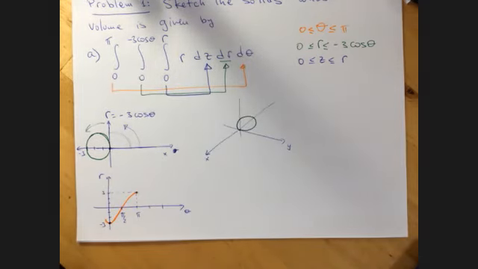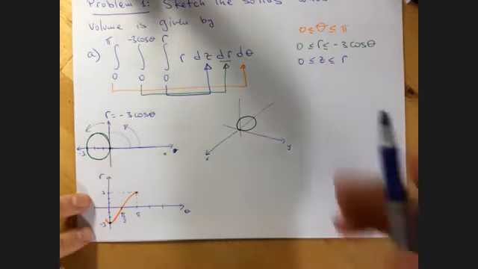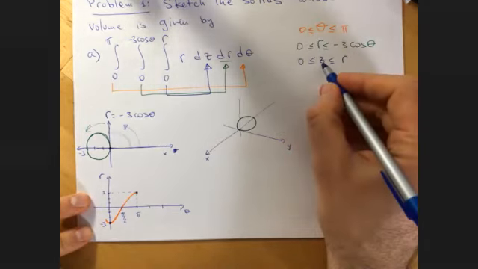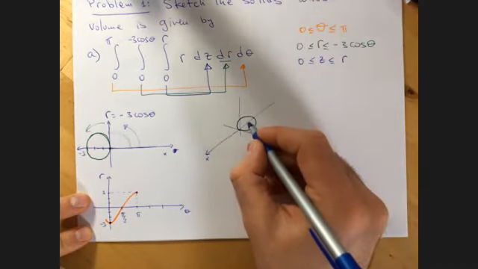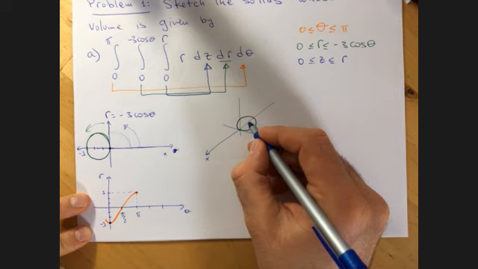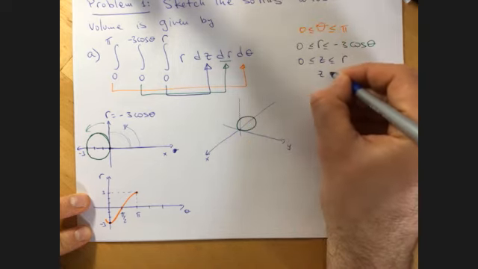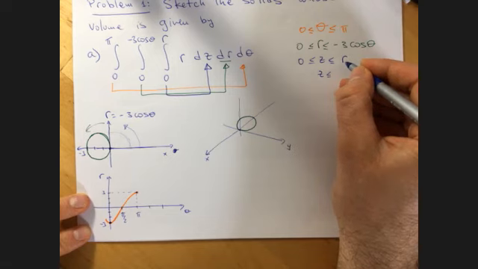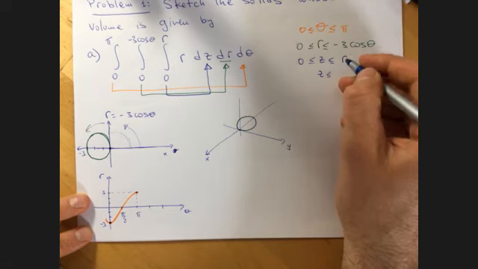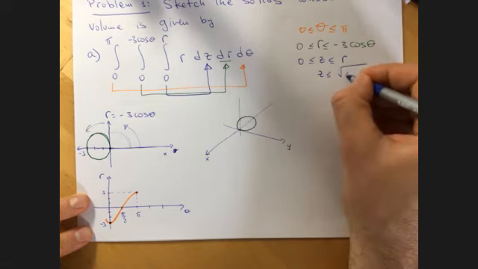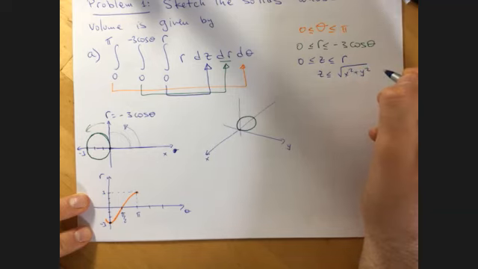Okay. And at the end, I have to figure out what happens to z. Well, z starts from 0, and it's less than, what is r in Cartesian coordinates? Well, r is just the square root of x squared plus y squared.